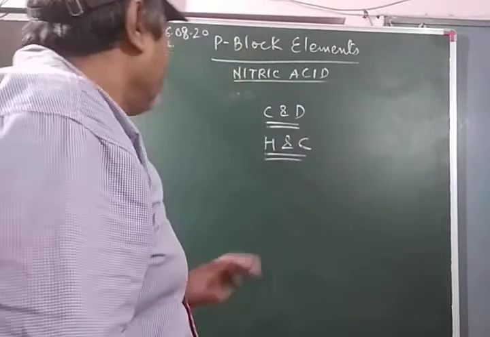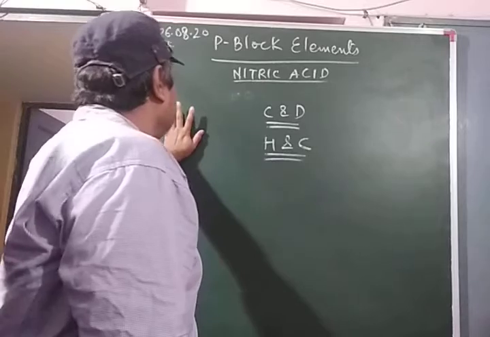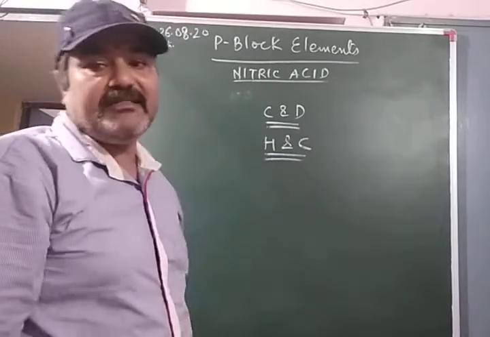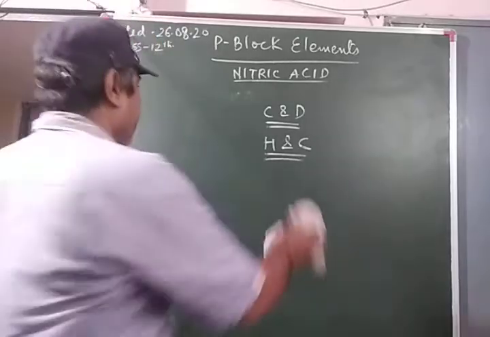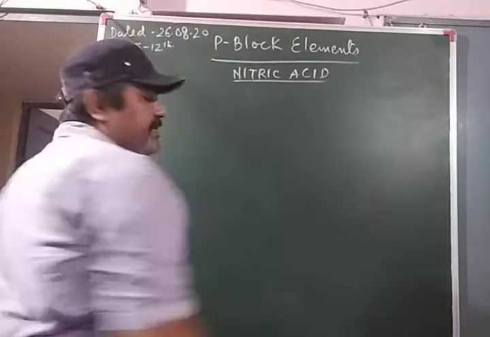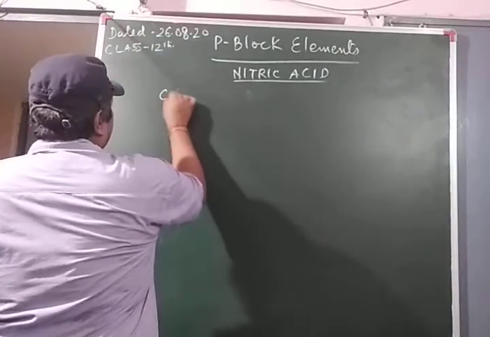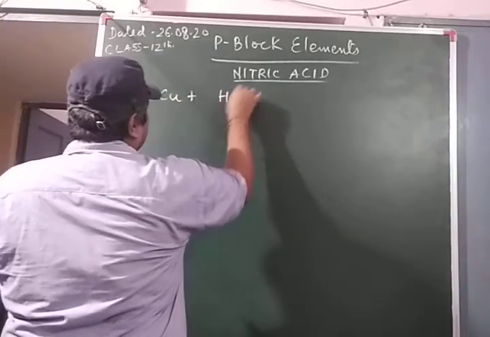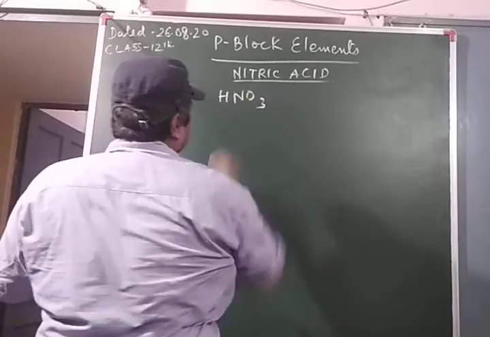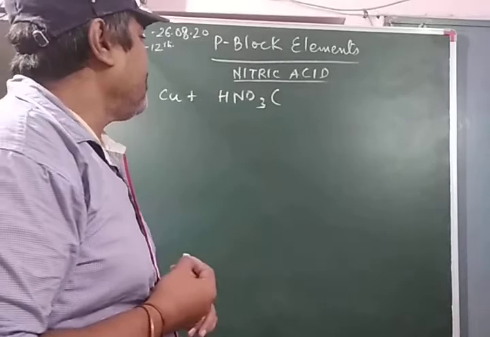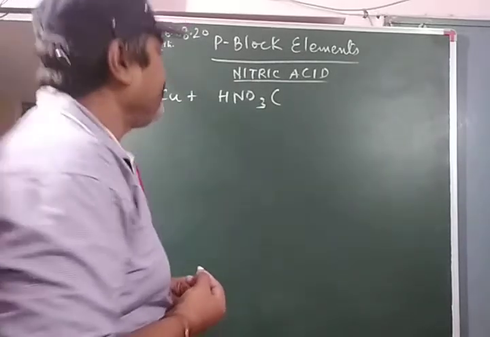Here we will take two metals, copper and zinc. So look how the reaction takes place. Initially with copper plus HNO3. Here we will first discuss HNO3 in cold and dilute form.